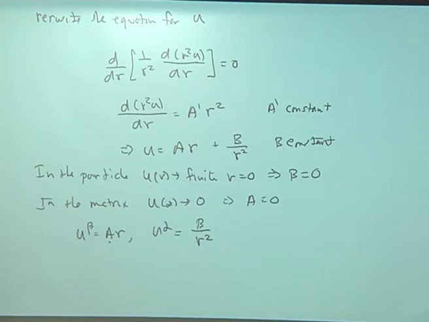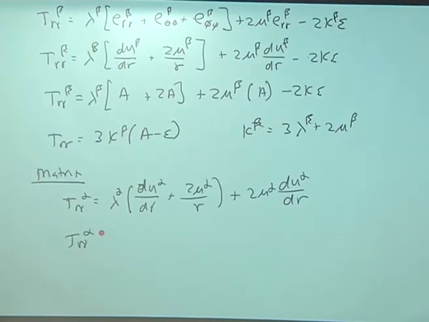It's B over R squared, so that'll be minus 2 B over R cubed plus 2 B over R cubed, 4, minus 4 mu alpha B over R cubed.